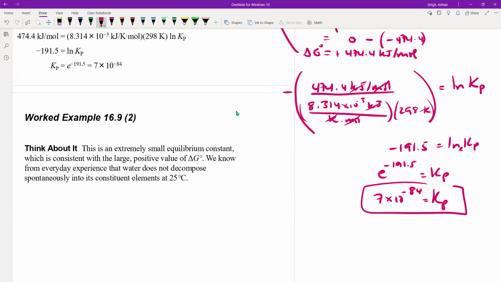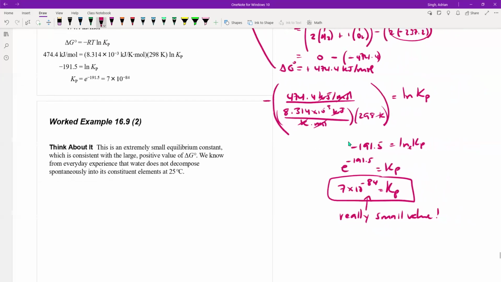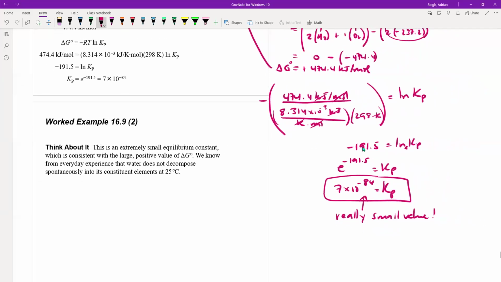So that is an incredibly small number, a really small value for K. And what does the magnitude of the value for K tell us? Because K here is a lot less than 1, very, very, very small, that tells us the equilibrium lies to the left.